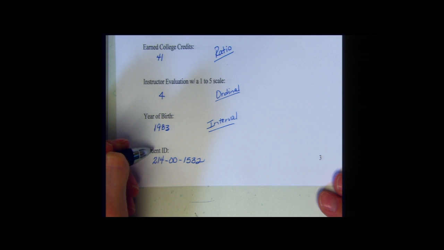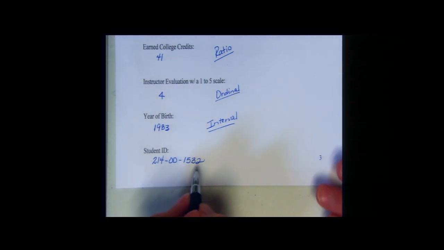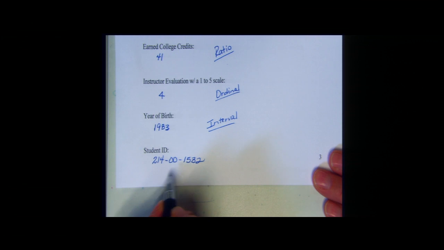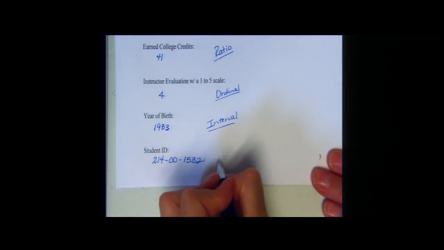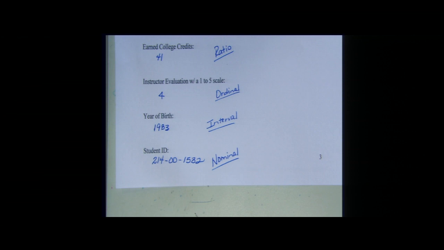The answer to that would be, we don't know. Just because they have that number doesn't mean they're a better student. So there is no significance to the order. What this does is it points to a particular person. So this would actually be nominal. You need to be careful with that.